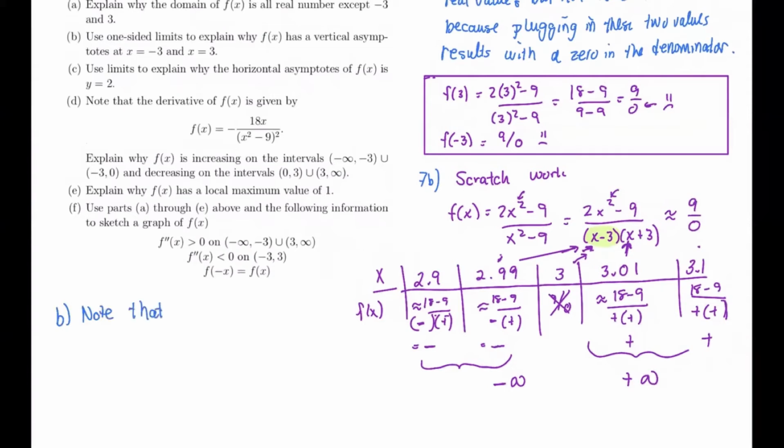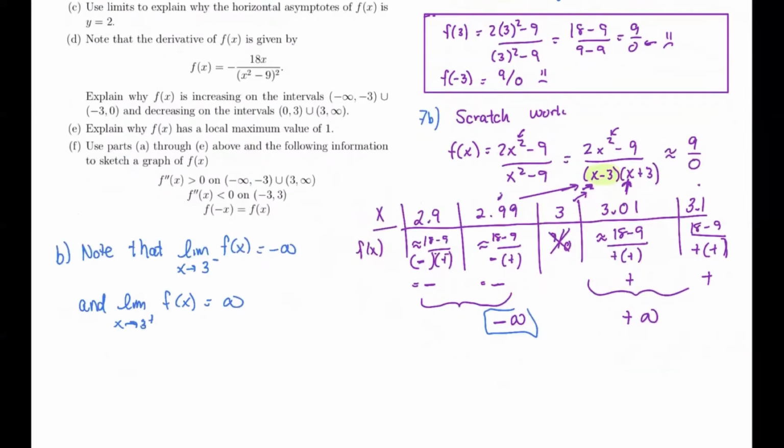that the limit as x goes to 3 from the left, that's this one, of f of x is equal to negative infinity, and the limit as x goes to 3 from the right of f of x is positive infinity.